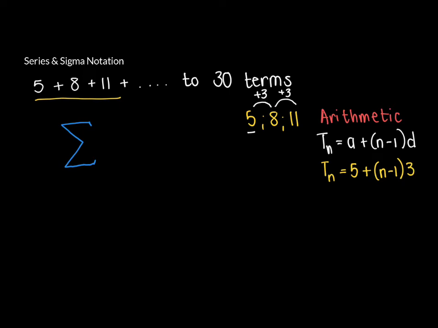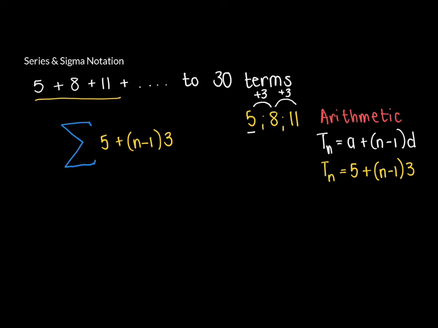And that's exactly what's going to be going right next to our sigma notation sign. So here in the middle, we're going to have our sequence, which we've just figured out, or our general formula. We're going to have 5 plus n minus 1 multiplied by 3.